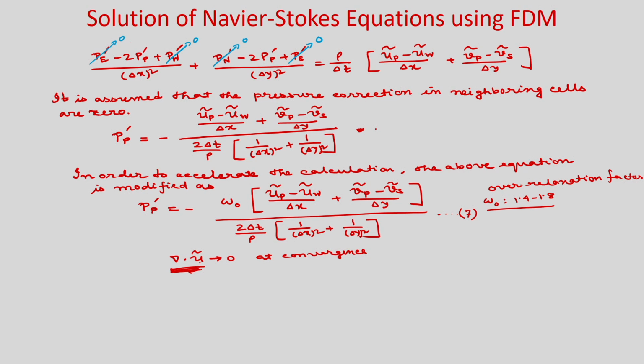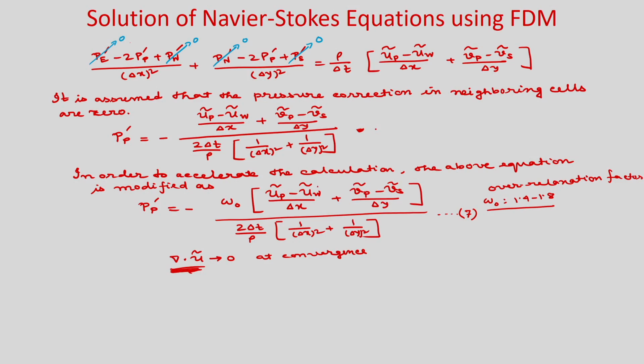Now you can see that once you solve for u tilde and v tilde, you can use them to find p p prime, because if u tilde and v tilde you know, then you can find the p p prime.